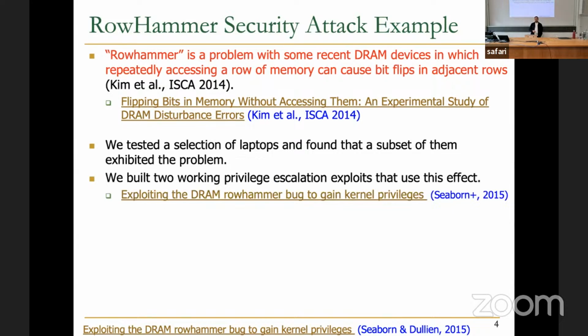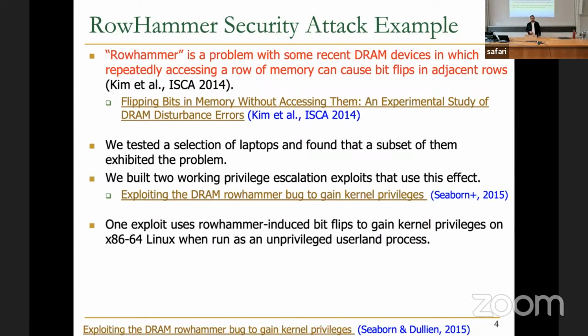They built two working privilege escalation exploits using this effect, and basically end up exploiting RowHammer to gain kernel privileges and take over a system.